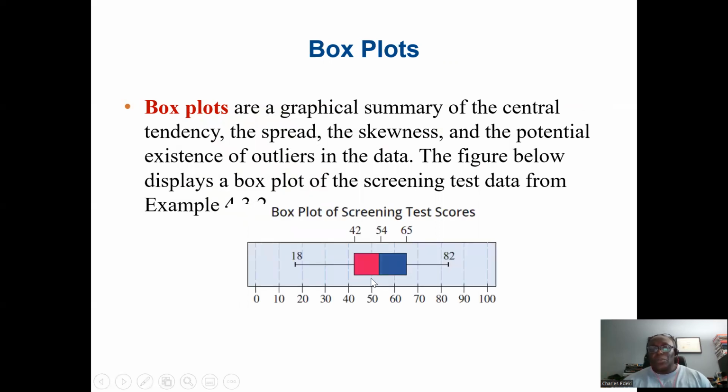In this example, we have Q1 is 42, Q2 is 54, Q3 is 65, the maximum value is 82, and the minimum value is 18. Now the smallest outlier will be below 18. The largest outlier will be above 82.